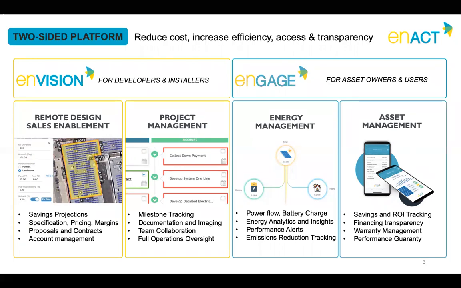The costing of different line items is a key challenge as we see different types of new entrants in the space of solar and storage for hardware as well as for the permitting process. Complete margin planning and cost management is possible through Envision, which leads to accurate proposals and contracts, and final contracts lead to execution. And for the projects that get executed in ENACT, you can track milestones, documents, and timelines with team members.